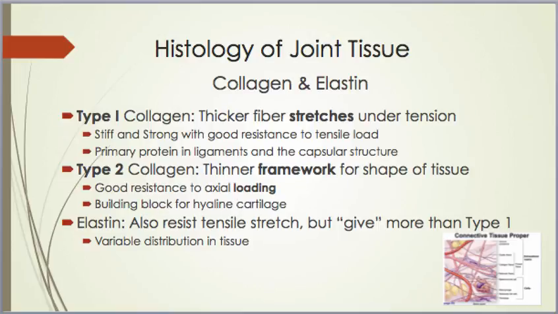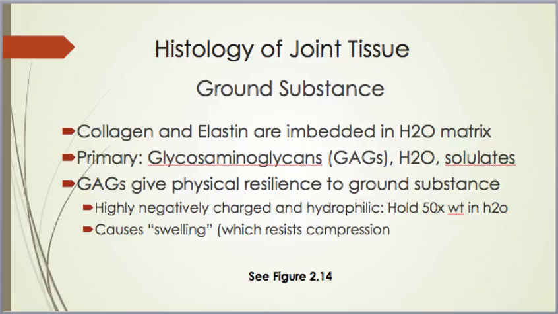And finally, we have elastin, which is exactly what it sounds like, elastic. They also resist tensile stretch, but tend to give more than a type 1 collagen. And the amount of elastin will vary depending on the tissue itself and even between individuals depending on their genetic makeup.